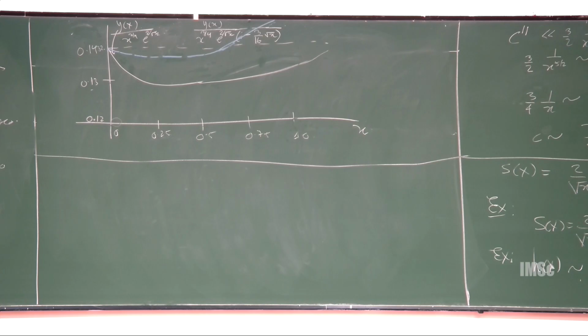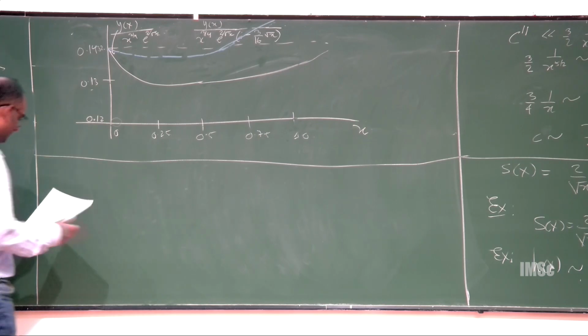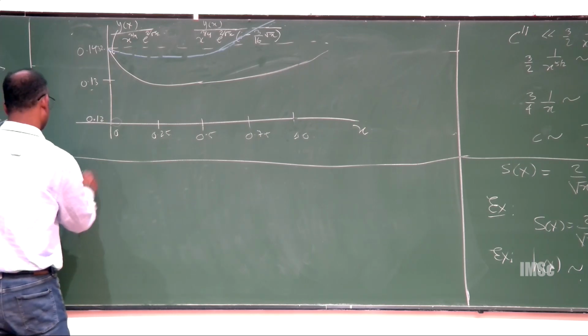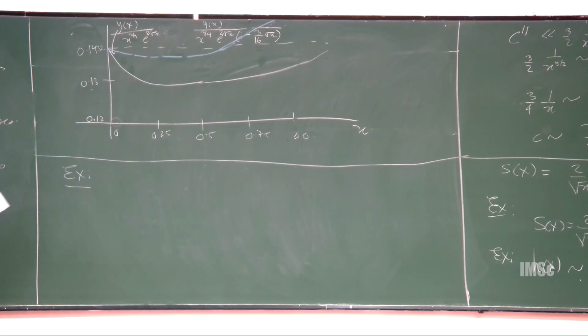So you can actually do a lot more, and repeat this analysis and find the entire expansion for epsilon of x. Okay, that's doable. So I'll give you as an exercise, and you can look into the book how to do it.